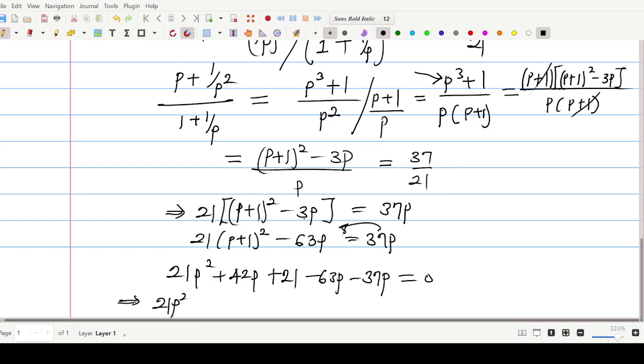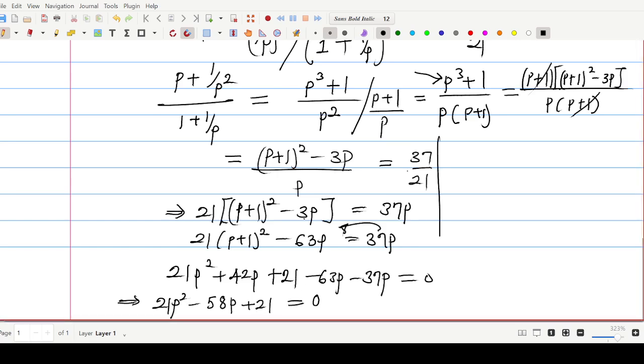So this is a pure quadratic equation to which you can apply the quadratic formula. I don't want to take more page in this problem. Use the formula p equals minus b plus or minus the square root of b squared minus 4ac, over 2a.